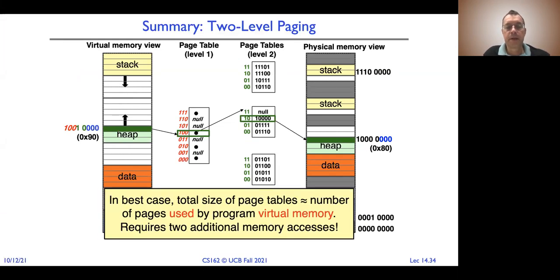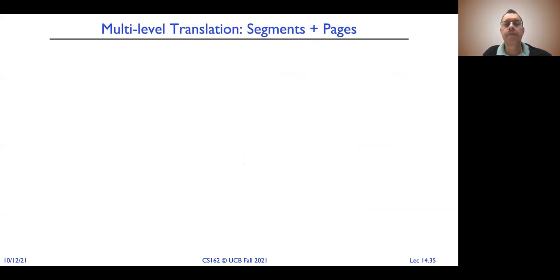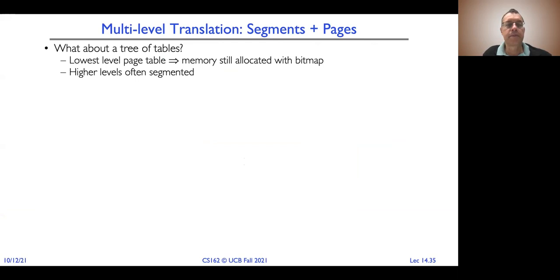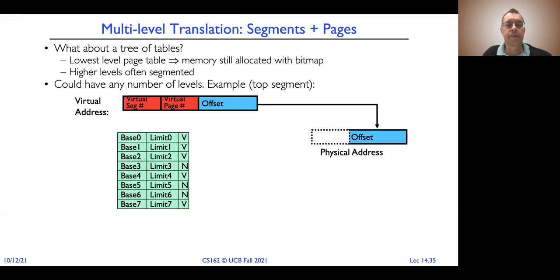So in the best case scenario, the total size of the page tables is the number of pages used by the program in the virtual memory, unlike the previous case in which the number of pages was the one available in the physical memory. The price to pay here is that you have one additional memory access, right? Because you need to index into both page tables, at both levels.